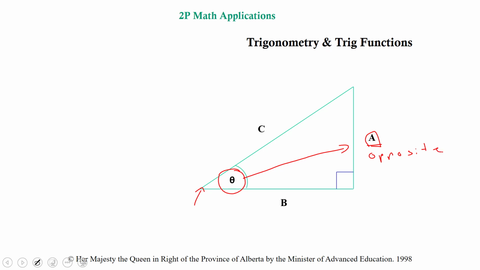And then the side that is right beside theta, we call the side adjacent. All right, so that's the adjacent side. And of course, the longest side here, side C, is always the hypotenuse.